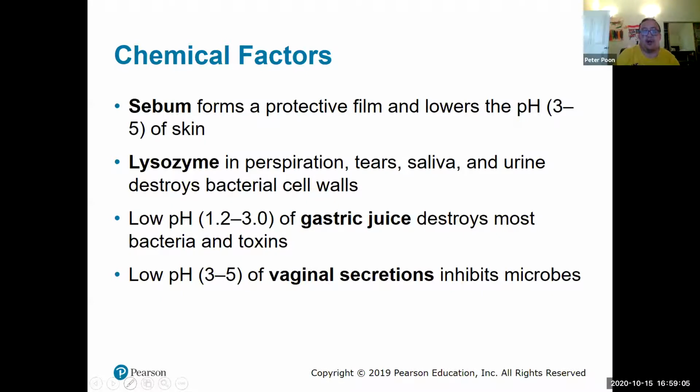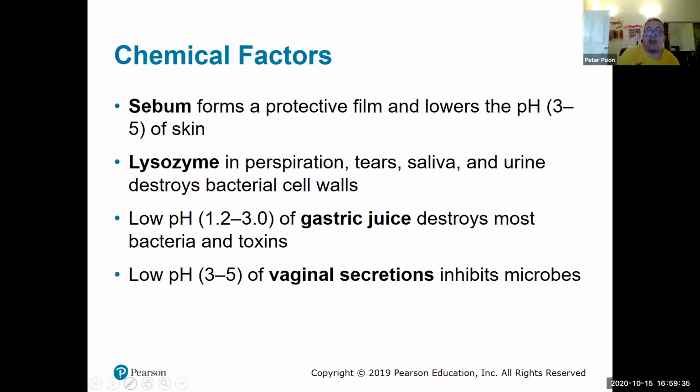Okay. The chemical factor sebum forms a protective film and lowers the pH of the skin. This is the oil, right? Lysozymes are in perspiration, sweat, tears, saliva, and destroy the bacterial cell walls. The low pH of the stomach destroys both bacteria and toxins.